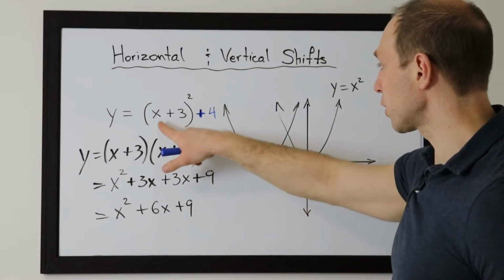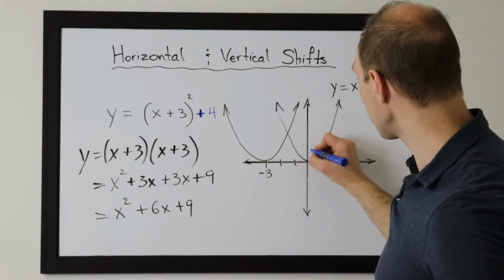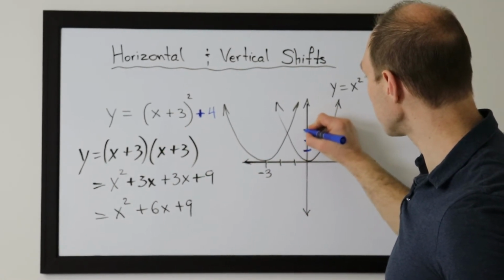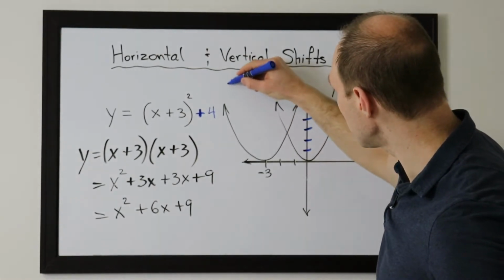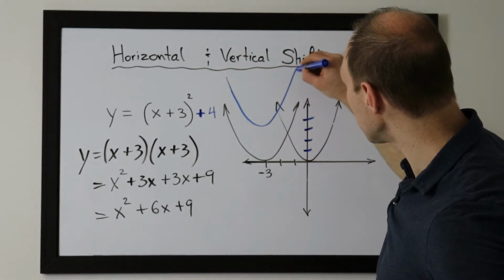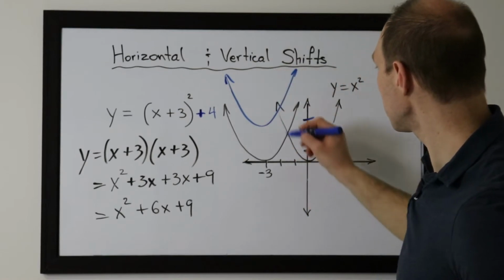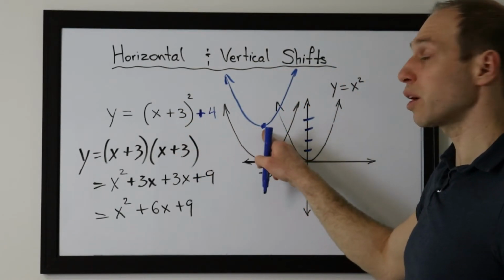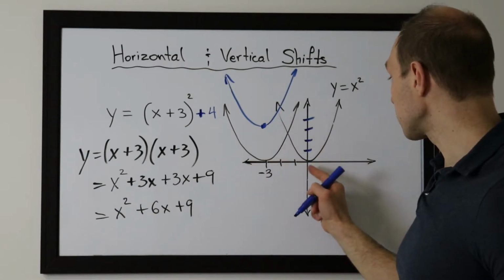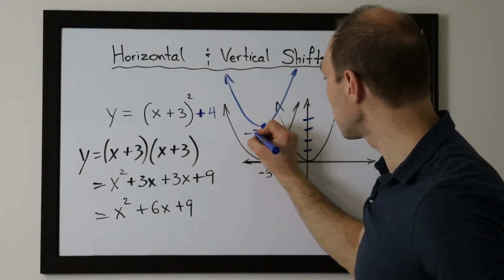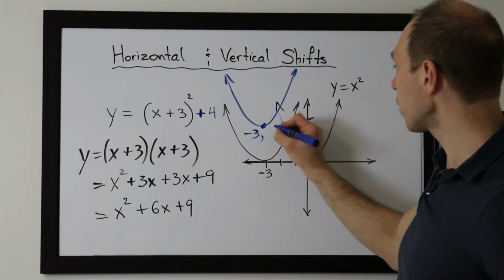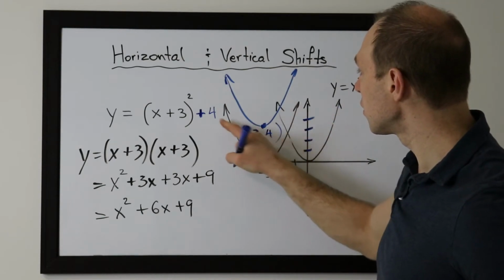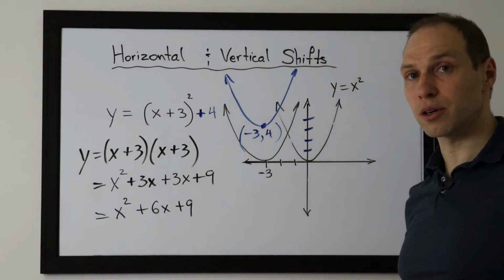In this case, we'll just take the same parabola, and we're going to move it 1, 2, 3, 4 units up. It keeps its stretch factor the same, and now it's positioned here. In fact, we can actually write in the position of its vertex at -3, comma, 4. And that would be a correct answer.